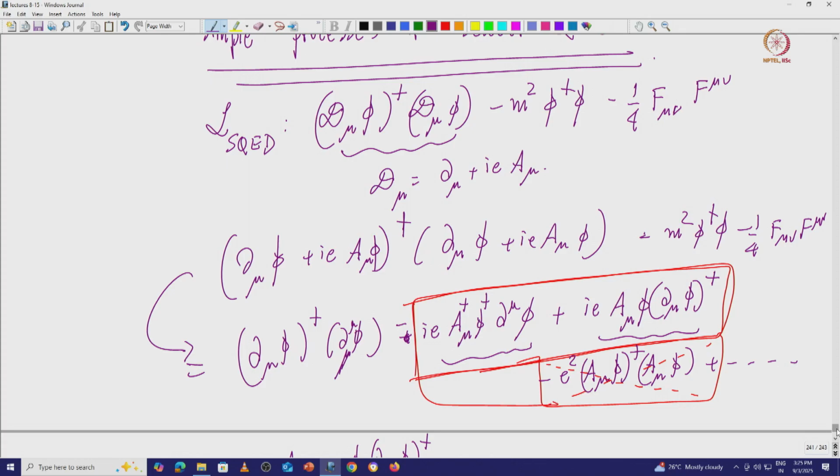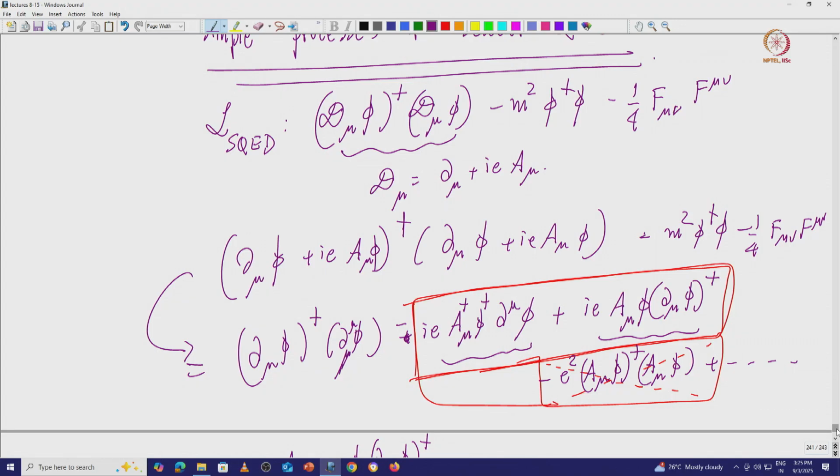So you neglect the interaction parts and set it to 0 and solve for phi, for A, and for phi dagger. Phi dagger has the same equation as phi, so it has the same solution, which is the Hermitian conjugate of the phi.